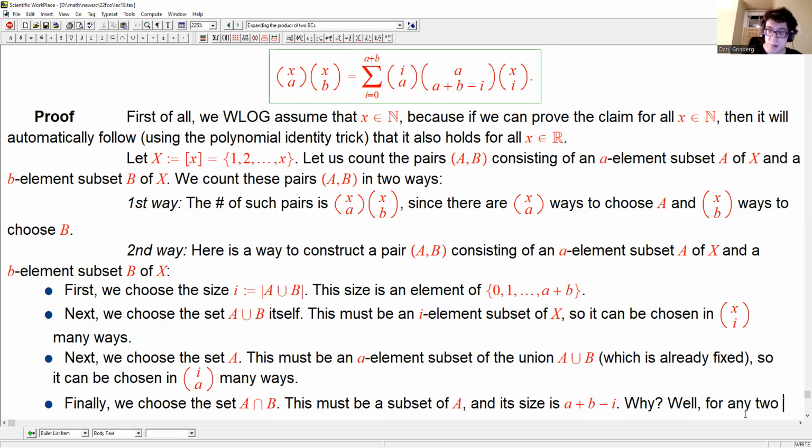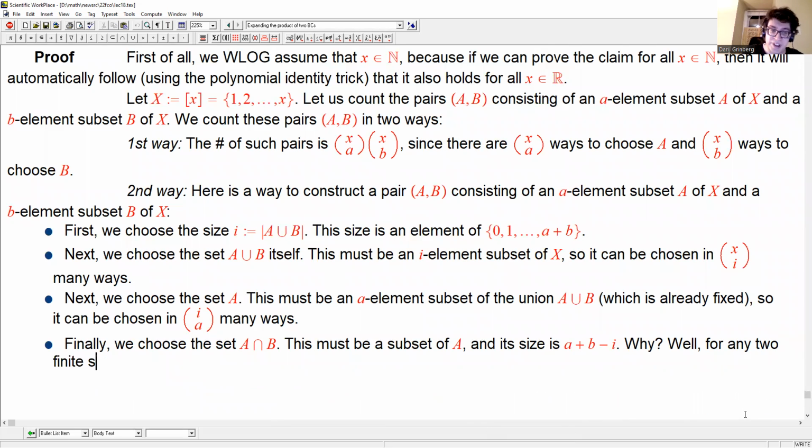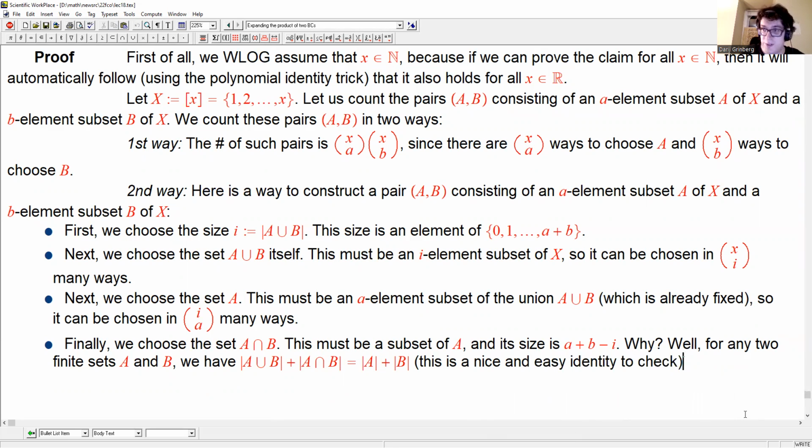Well, for any two finite sets A and B, we have the size of the union plus the size of the intersection is the sum of the sizes. This is a nice and easy identity to check. Feel free to check it in your spare time, and we will also see how it follows from something much more general.